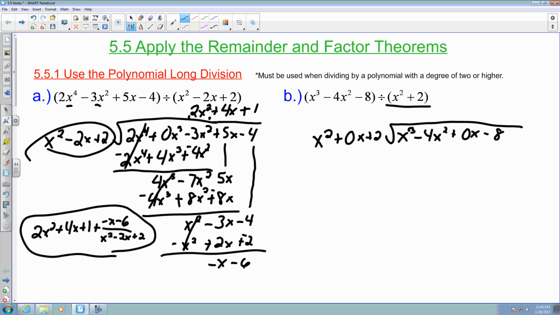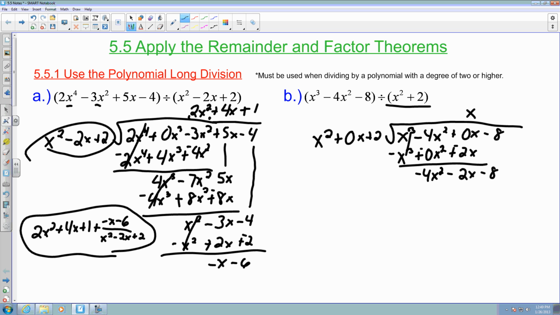The first thing I need to cancel out is my x cubed, so I'm going to first distribute an x. This becomes x cubed plus 0x squared plus 2x. So changing the signs, negative, negative, negative, cancels out. This becomes negative 4x squared, and this becomes minus 2x, and I'm going to drop down my negative 8.